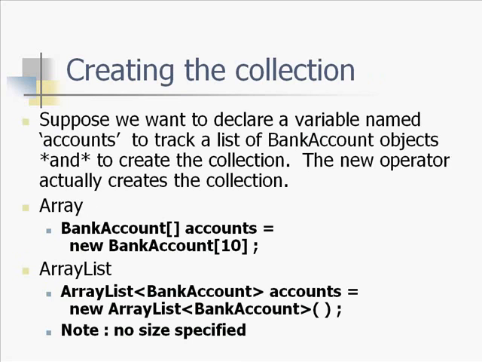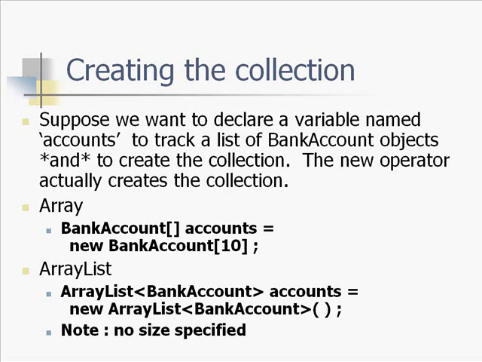Well, we created the variable, but we didn't create the actual collection. So here's the code to create the collection. The first one is how to create an array of bank accounts that has 10 members in it. We have to specify the number.